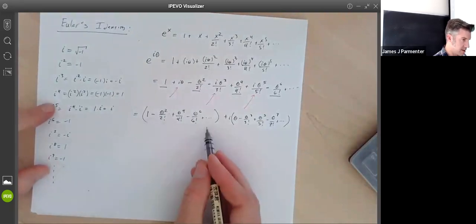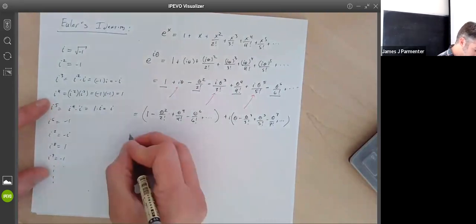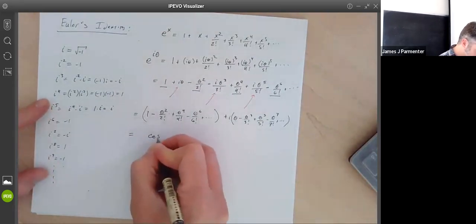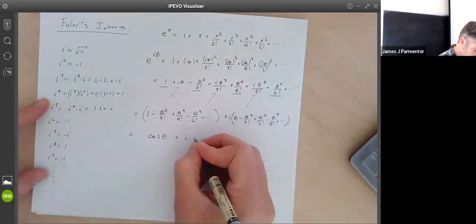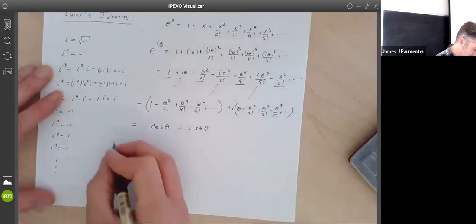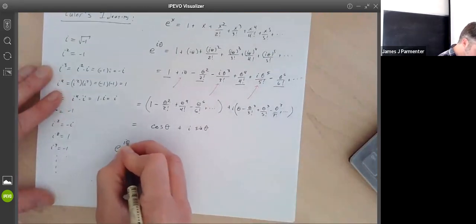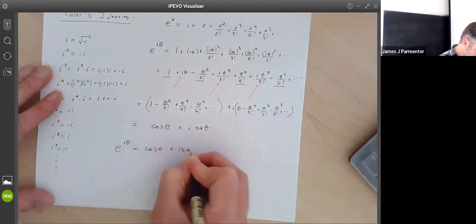That looks a lot like the Maclaurin series for what? Right. This is exactly cosine of theta and this is exactly I times sine of theta. So Euler's formula says e to the I theta is equal to cosine theta plus I sine of theta.